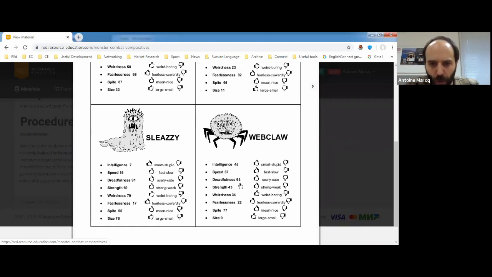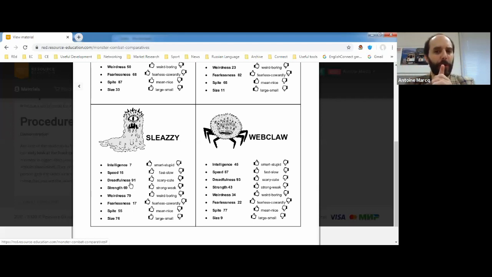So you look at your monster, wow, dreadfulness 93. So you say something like, I'm sure my monster is scarier than yours. And again, you can play this with different levels of comparatives. You can encourage your students to say, I think my monster is way scarier than yours. I look at mine. Mine is at 91. So is your statement true or false?